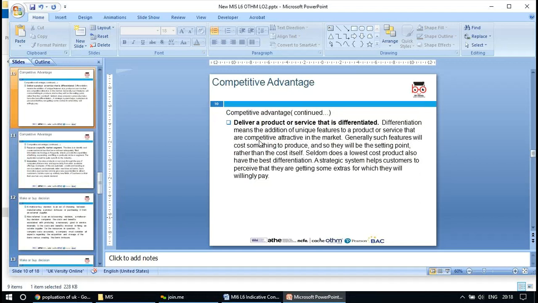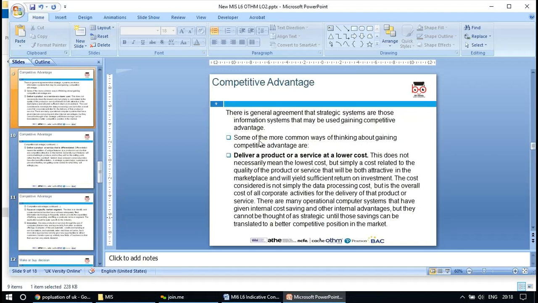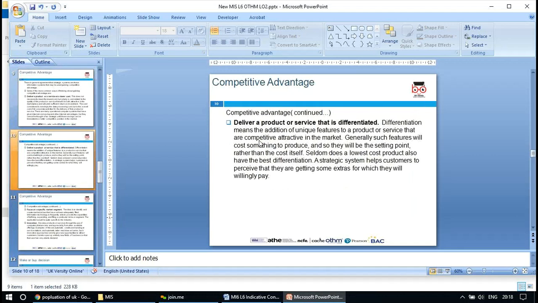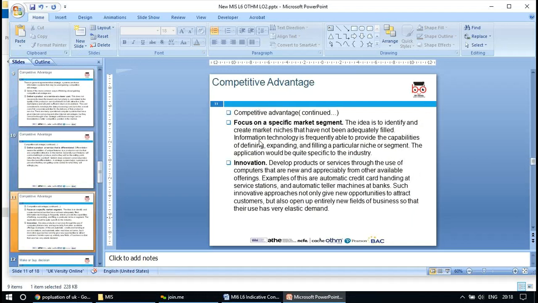The competitive advantage is about producing a product at lower cost as well as a differentiated product, and marketing by focusing on the market and innovation. So we can say that value creation is one part of competitive advantage, isn't it?